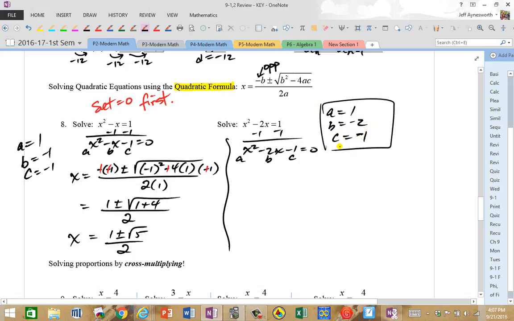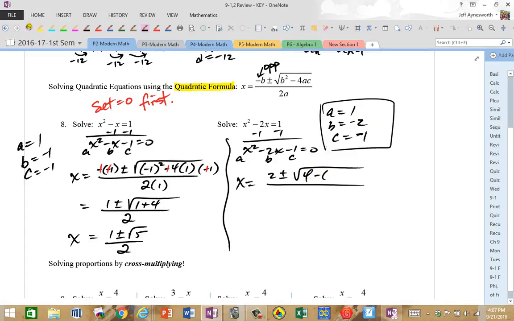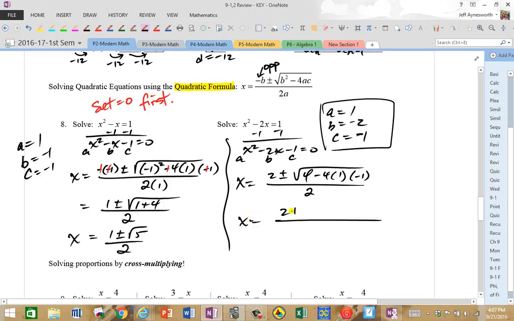So x is equal to the opposite of negative 2, which is 2, plus or minus the square root of negative 2 squared, which is 4, minus 4 times a times c, divided by 2 times 1, which is 2. So I get 2 plus or minus the square root. I see a double negative here. So 4 plus 4 is 8, so the square root of 8.